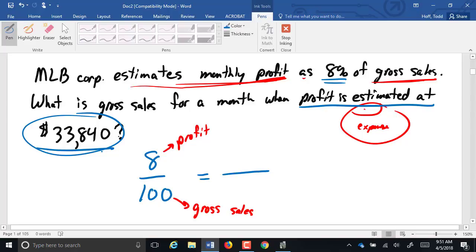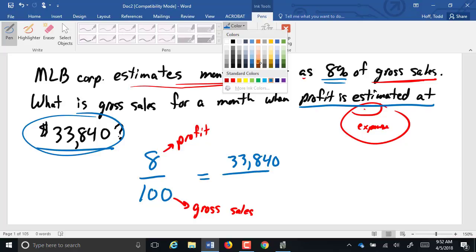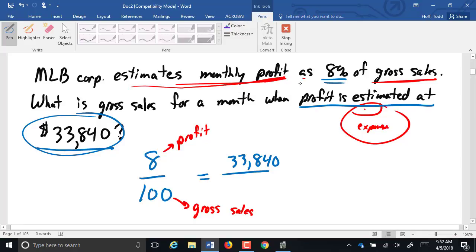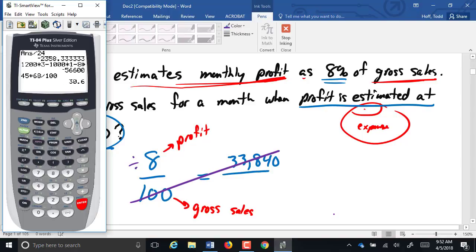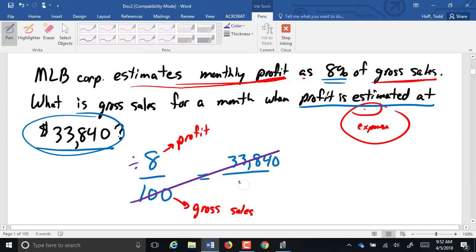Profit. The profit is estimated at 33,840. So that helps us to set this up so we can cross multiply and divide. 100 times 33,840 divided by 8 is $423,000. So you have gross sales of $423,000.